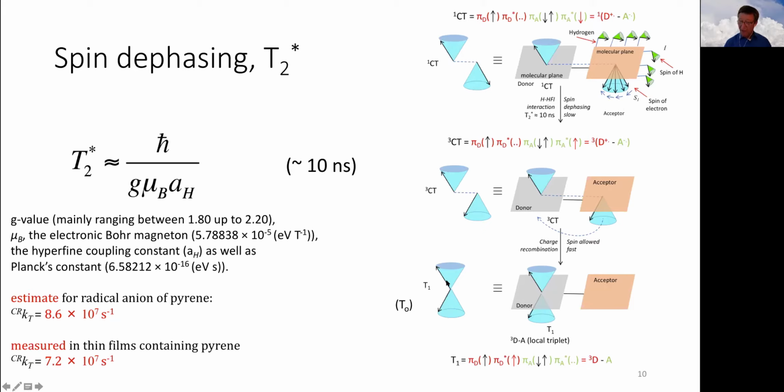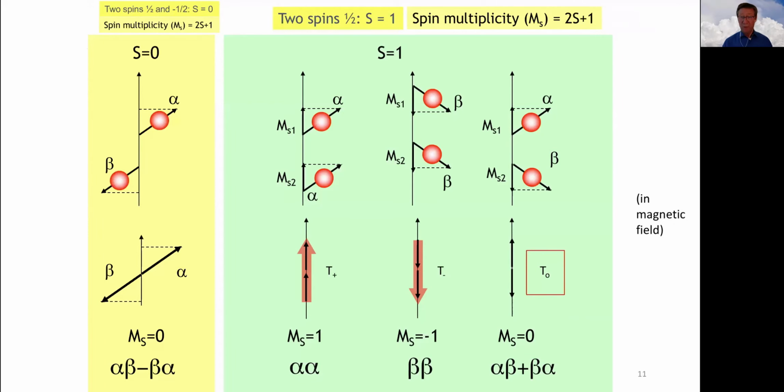But we actually have to notice that this is one of the triplet states. So you selectively populate the T0. So if you go from a charge transfer state to a triplet state, you selectively populate the T0 state. And well, I will remind you that, of course, there are 3 triplet states, and in a magnetic field, we call them T plus, T minus, and T0.